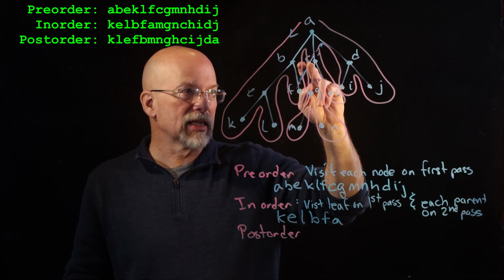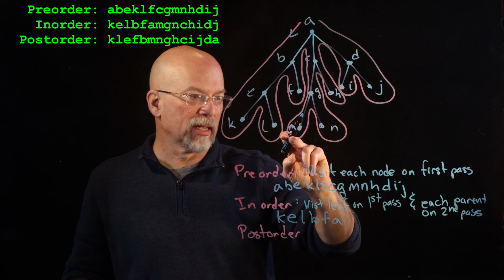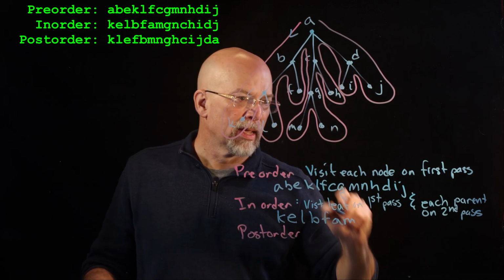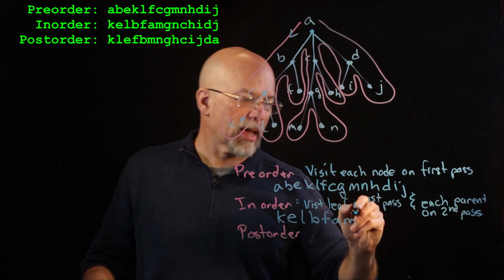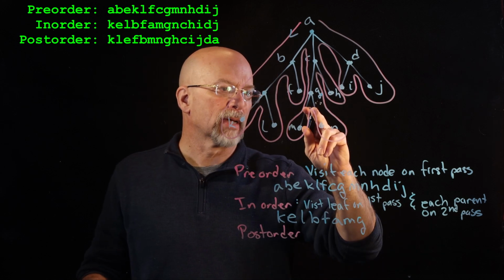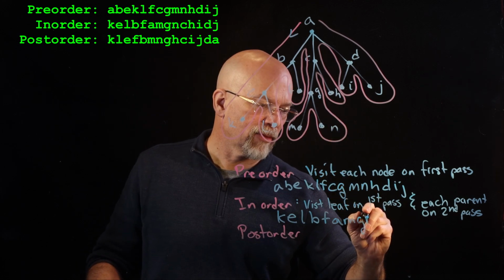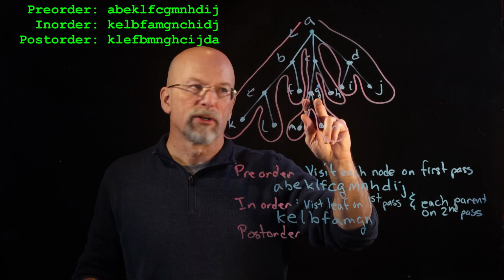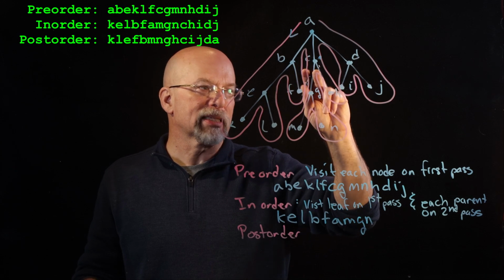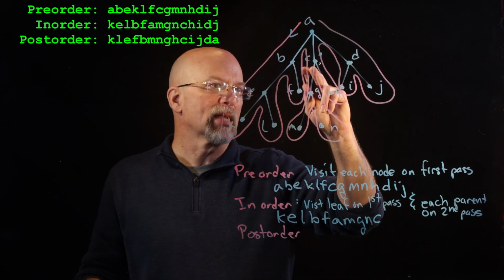Then C is not a leaf, G is not a leaf, but M is. Then we come back up, this is our second pass to G, so we add it. We hit the leaf N, G a third time, no, but C a second time, so C is visited now.